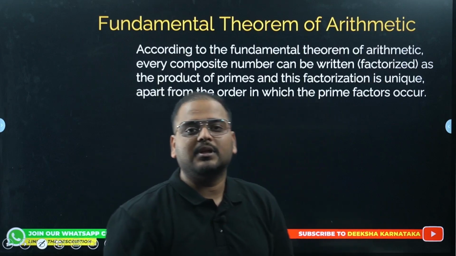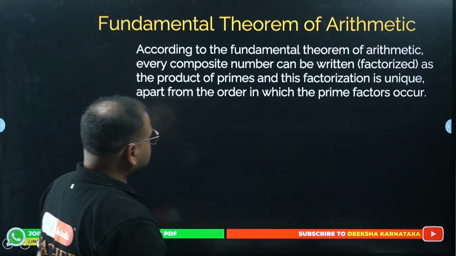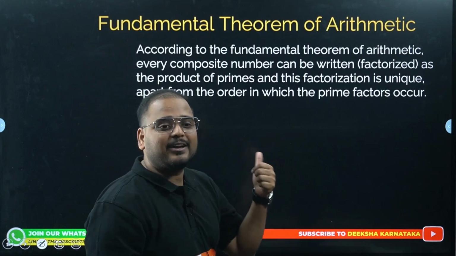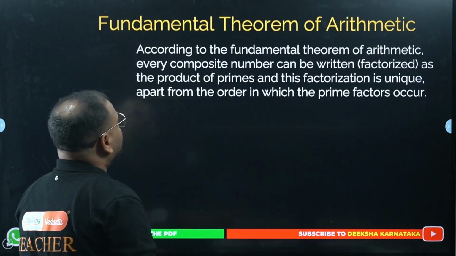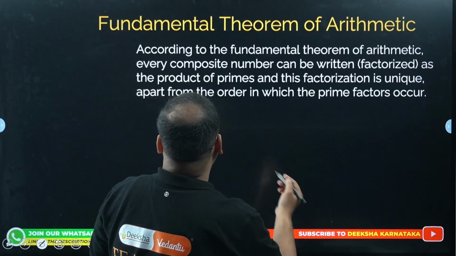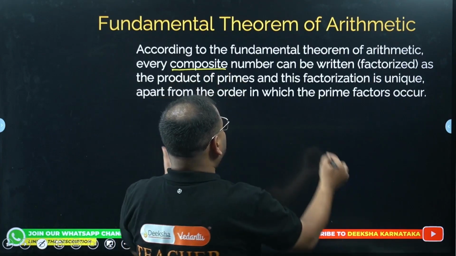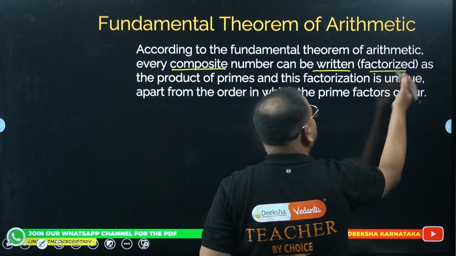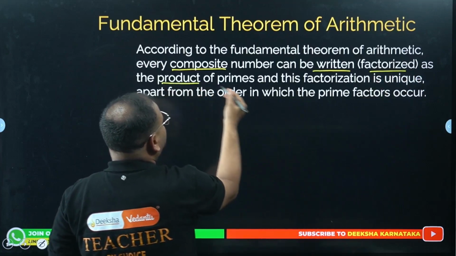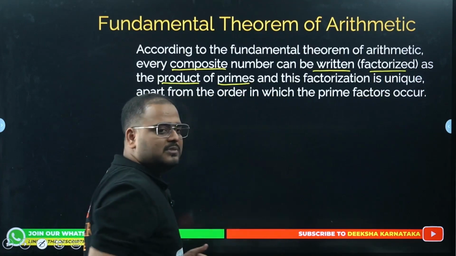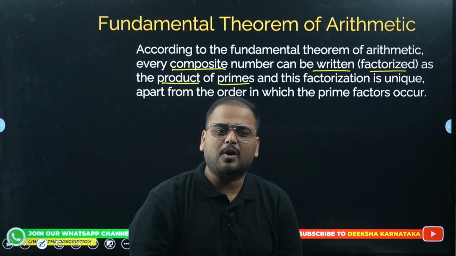Let's take an example and go from there. So you can see here, I'll highlight those words as well. If you are finding difficulty reading it, I hope you don't. So the composite number can be written or factorized as the product of primes. Let's take a composite number. Can you take a simple composite number?